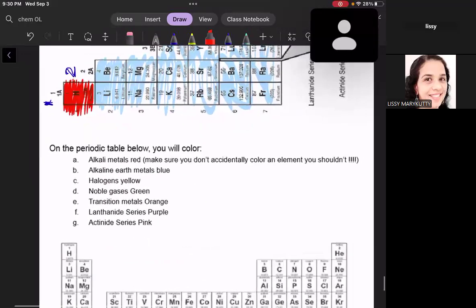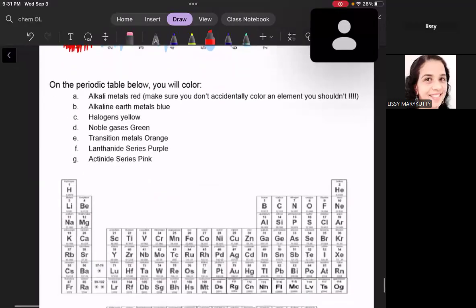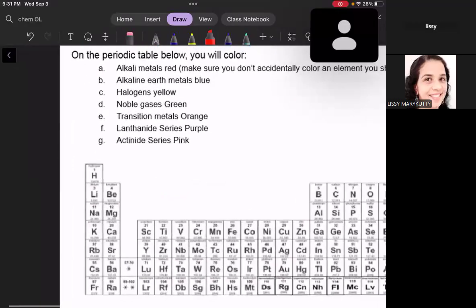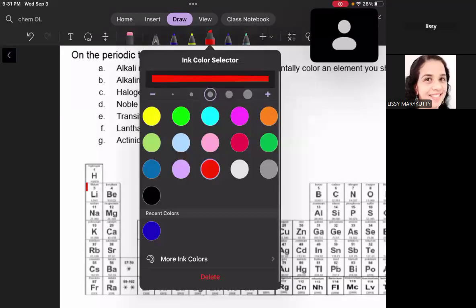Okay, now you need more colors. We are going to label alkali metals, alkaline earth metals, halogens, okay. So you need a red color. We are going to label the first group except hydrogen, okay.